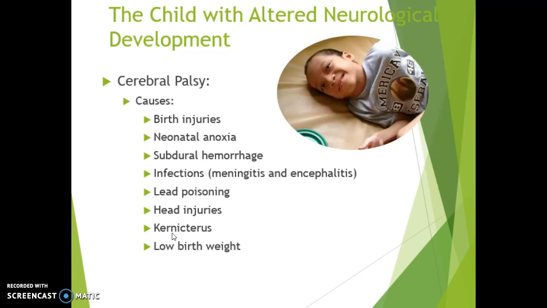But it becomes so built up that bilirubin actually transfers out of the bloodstream and into brain tissue. And when that bilirubin transfers into the brain tissue, it's poison in the brain and causes cerebral palsy.